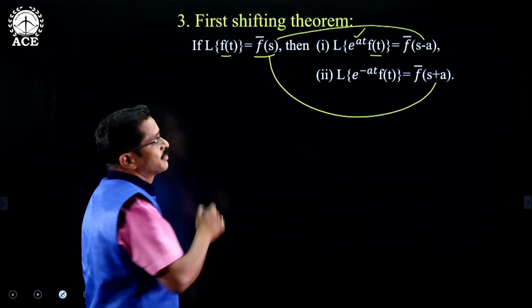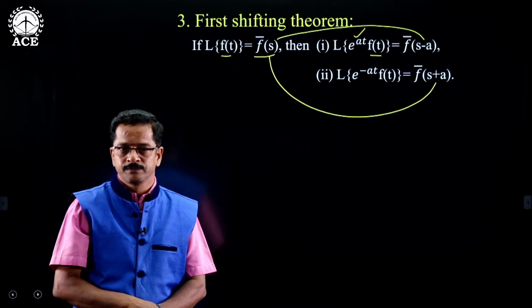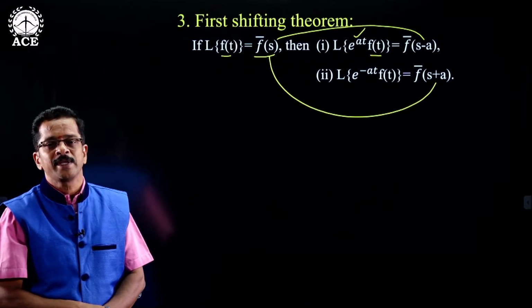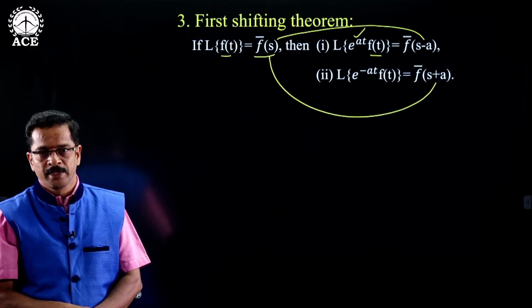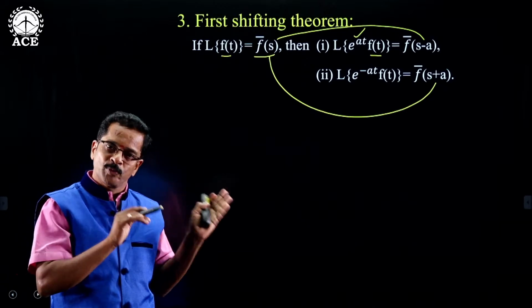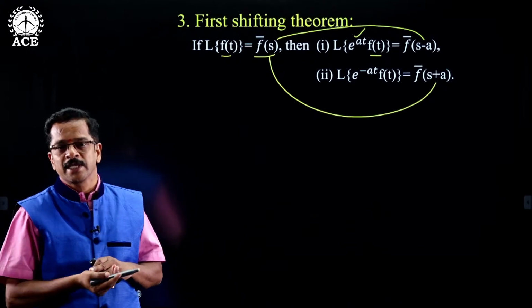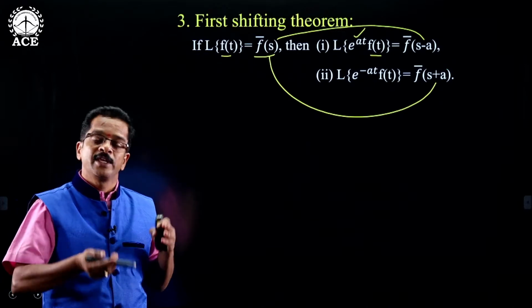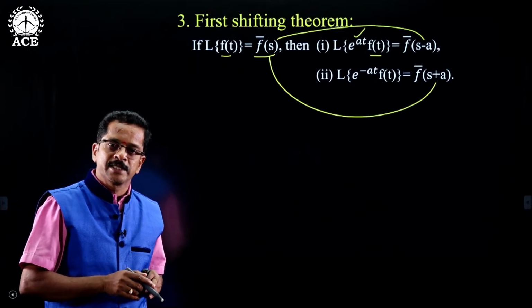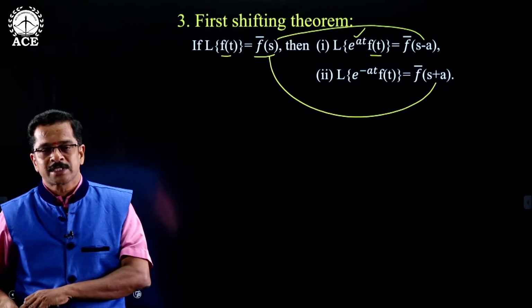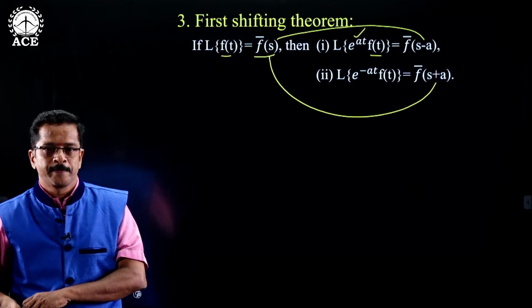That's why it is called the shifting theorem. If I multiply the function with e power at, its Laplace transform shifts to s minus a. When we multiply the function with e power minus at, its Laplace transform shifts to s plus a. Right?